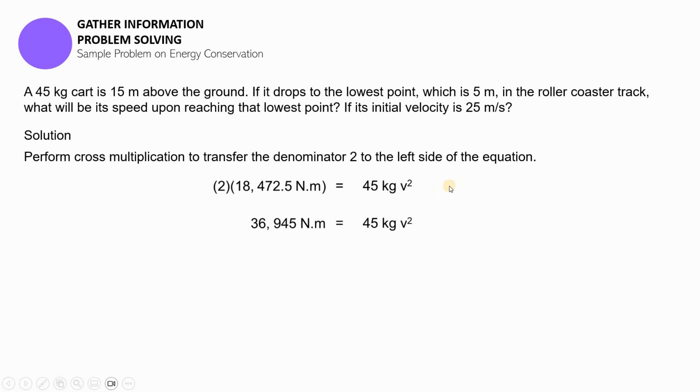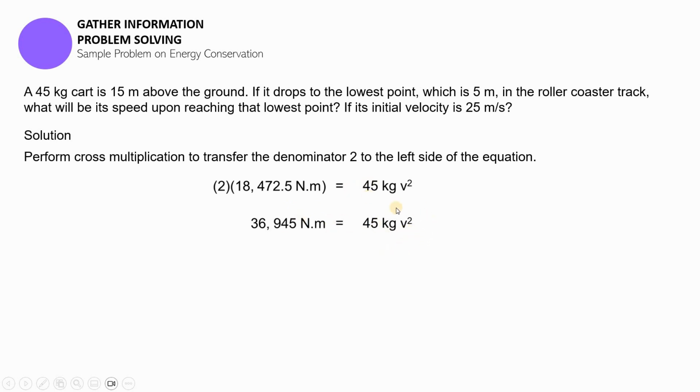So the 2 over here and the 2 over here are canceled. On the other side of the equation, you're simply multiplying 2 by 18,472.5 Newton meters, which gives you 36,945 Newton meters, or kilogram meter squared per second squared. That's going to be equated to 45 kilograms VF squared.